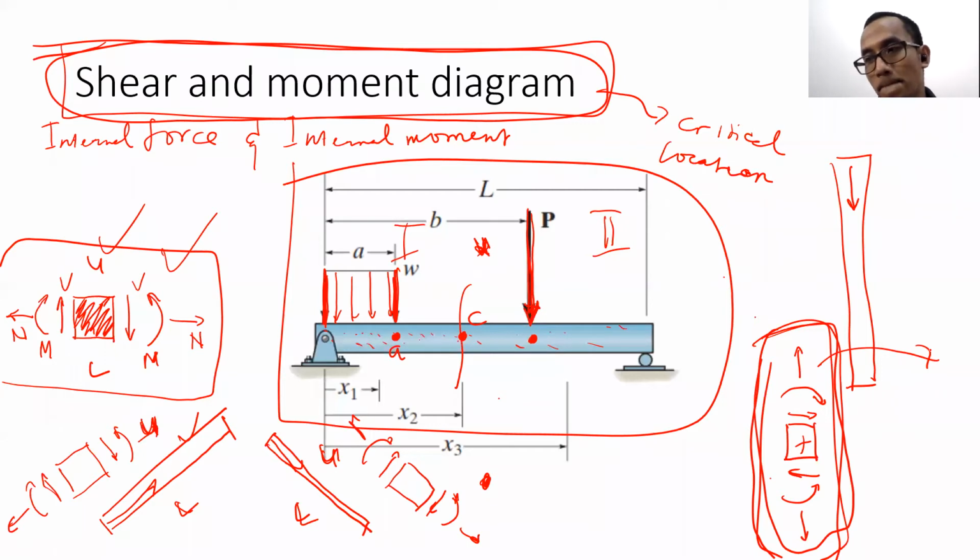I think I did it the other way, sir. It's okay. But as long as in the next problem, if you have another problem, you assume it first: this is my sign convention. It's up to you.